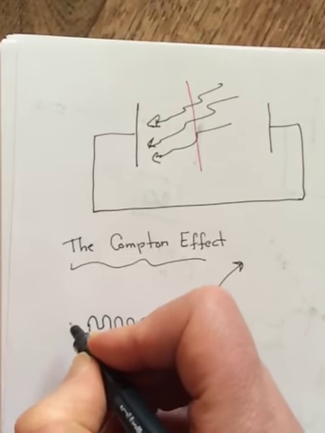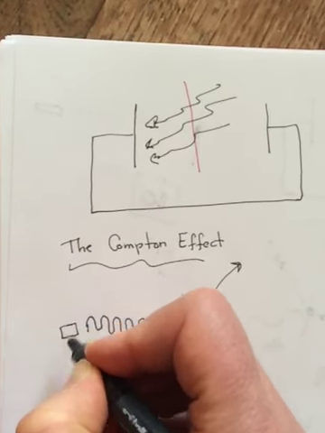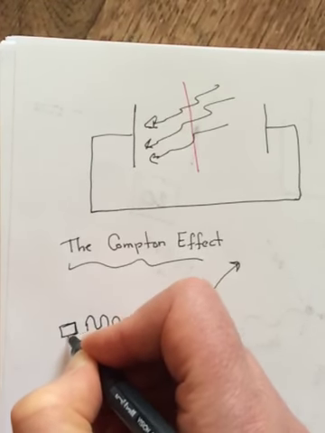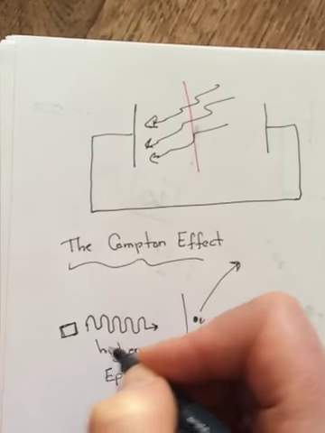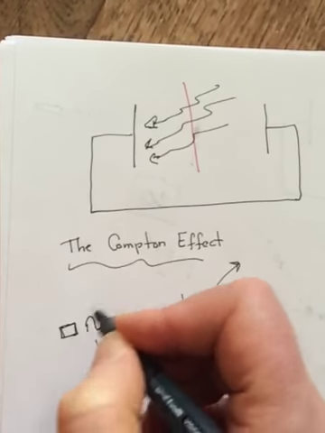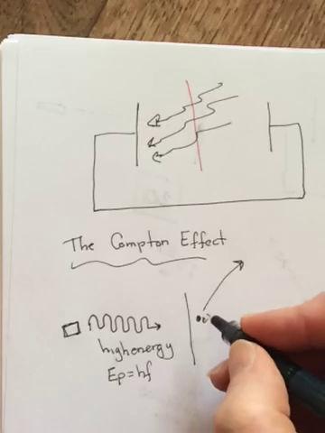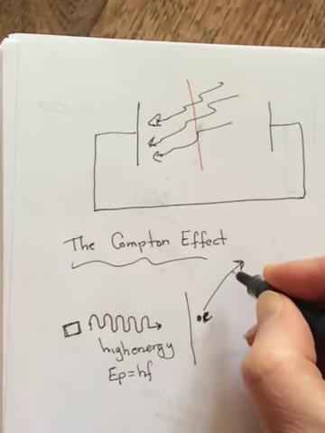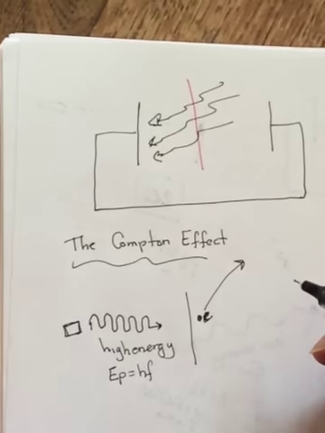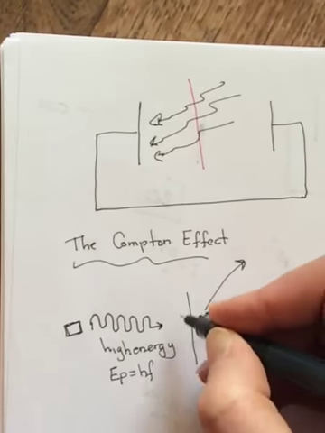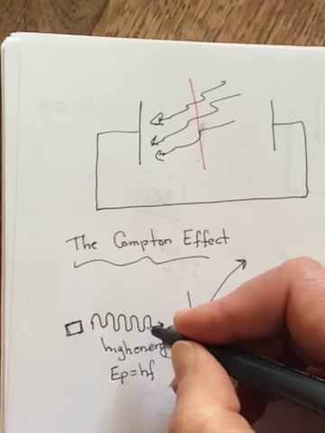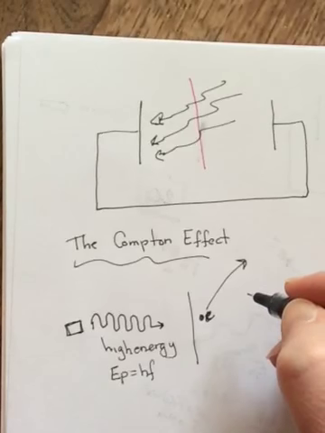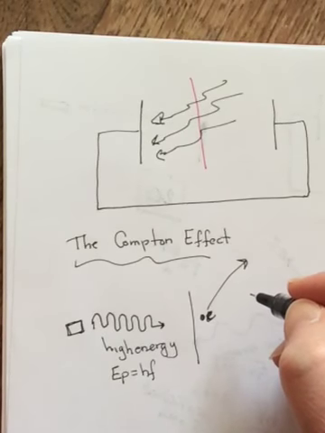Now, remember that a photon is like a little packet of energy. It's a little packet of light. Think of it like a Ziploc bag filled with light. It doesn't have any mass because it's light, but it's acting like a particle. And so it strikes the surface, and an electron gets fired off at some speed. And if it has some speed, then it has some momentum. So there's a collision happening here between the photon and the electron, and the electron gains momentum as a result of the collision.